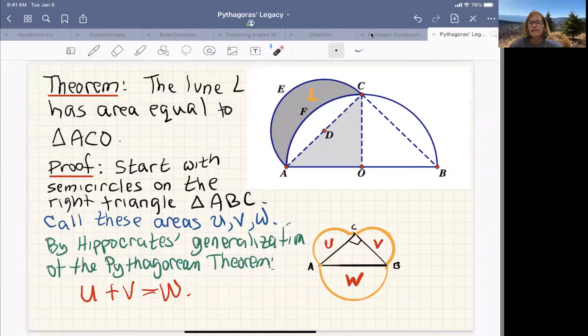We're going to draw semicircles on all of the sides of the triangle. So here's a semicircle, here's a semicircle, and here's a semicircle. We're going to call these areas U, V, and W.